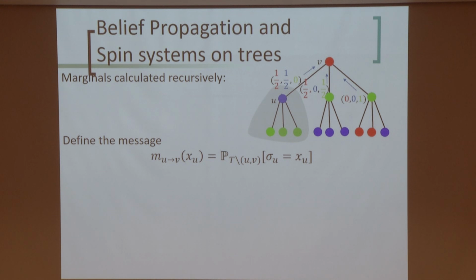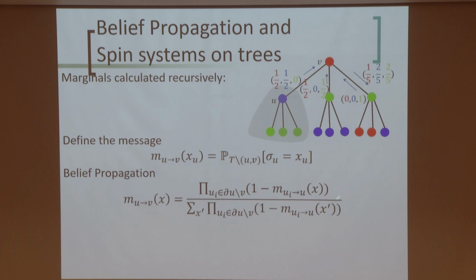The idea of belief propagation is that within this tree, you can combine the incoming messages to V to give you the outgoing message to its other neighbor. So it will just be this formula here, which I've written as a general formula: the message from U to V can be written in terms of the other incoming messages into U.